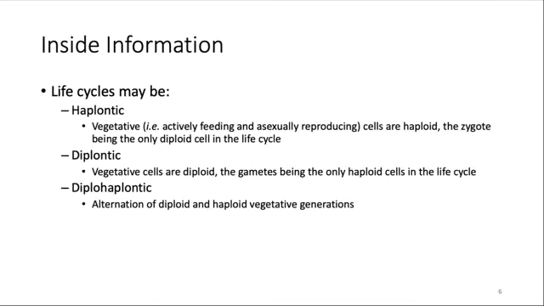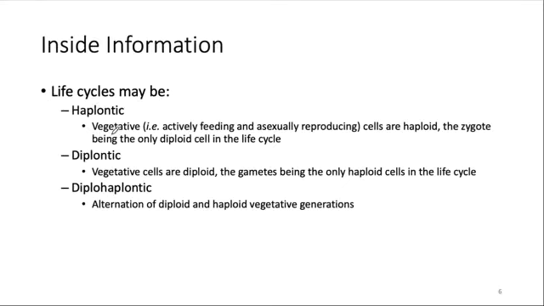There are three basic life cycles that protozoans exhibit. So they may be haplontic, diplontic, or diplohaplontic. Now I want you to pay attention to the first part of these definitions. So for haplontic, it's referring to the haploid number of chromosomes in the vegetative stage.